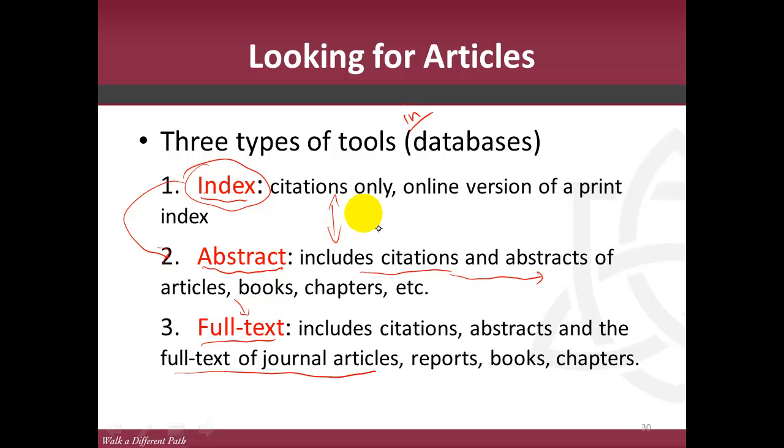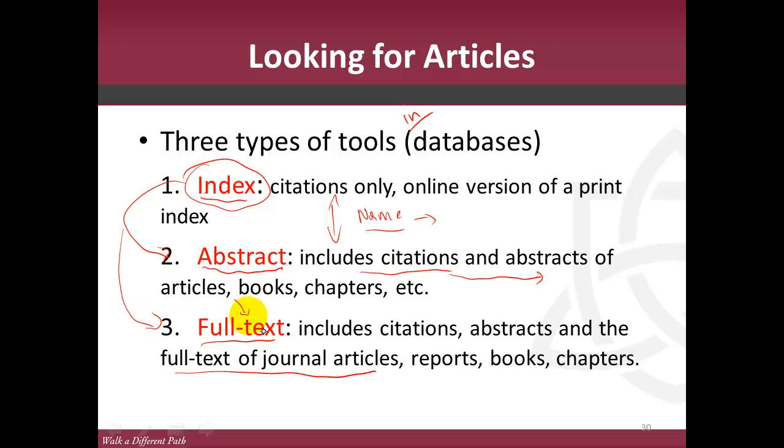At least you know the name of the article, and then you could track it down through interlibrary loan or some other way. The abstract is also helpful because it tells you what the article is about, so that you don't waste your time retrieving an article that, when you eventually find it, does not contain what you need.